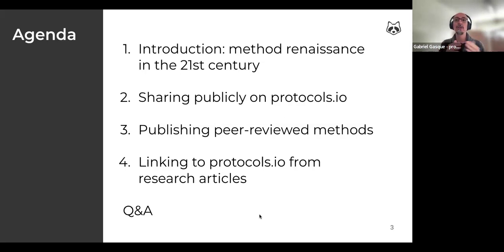But that started to change about 20 years ago as methods started being recognized as an important modular output of research. We will also cover the different ways of sharing and getting credit in Protocols.io.